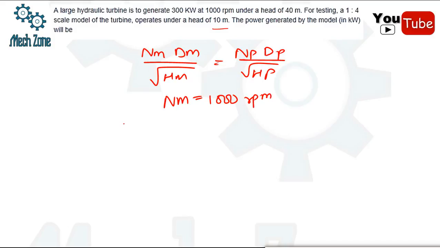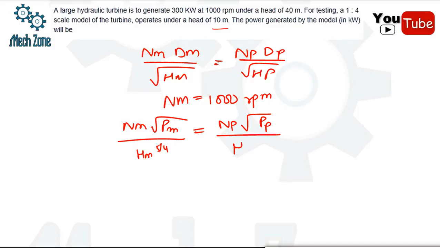So for the same specific speed, we have N model under root P model divided by H_m to the power 5/4, equal to N of the prototype under root P of the prototype upon H of the prototype to the power 5/4.